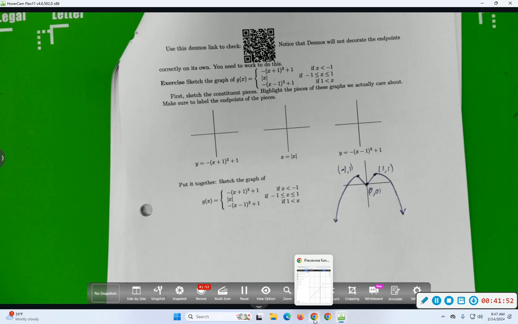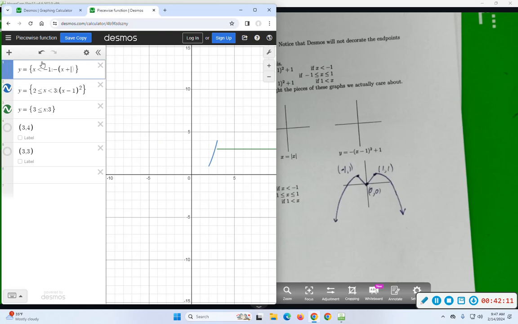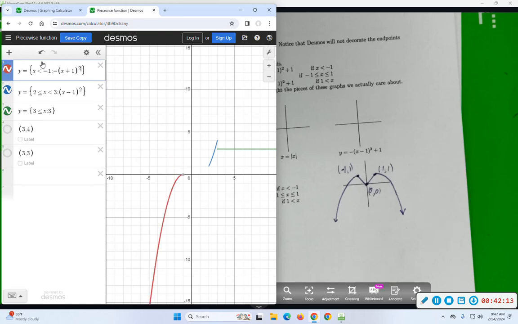Let's also do a quick demo of using Desmos for a piecewise function. So it looks like this description was when x is less than negative 1, you have negative x plus 1, square it, and then add 1.